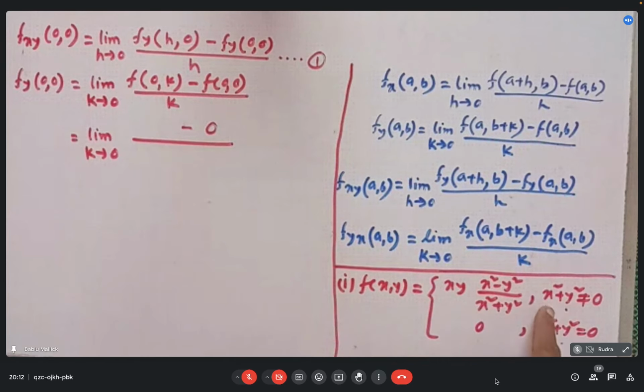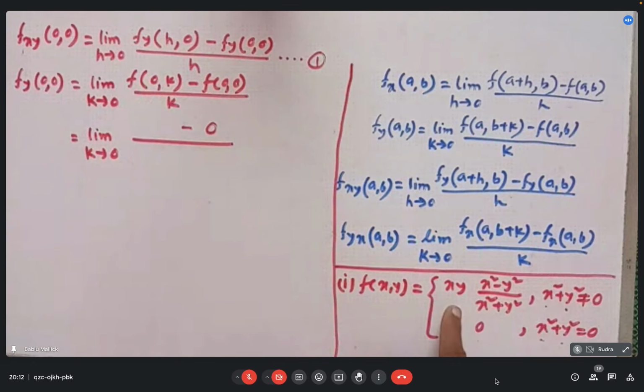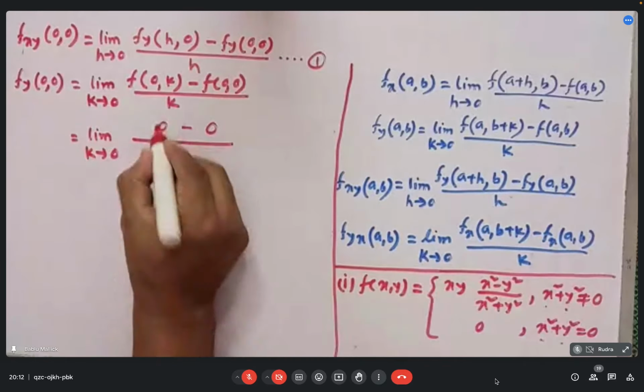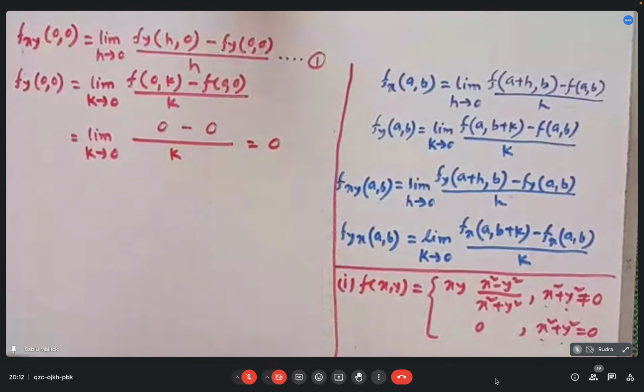So here for 0 comma k I shall use first part. Here x is 0, y is equal to k. If I put this value, result will be 0 divided by k. This is equal to 0. So fy 0 0 is 0.